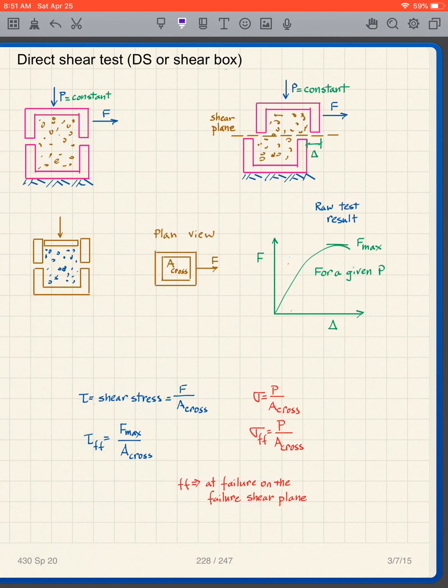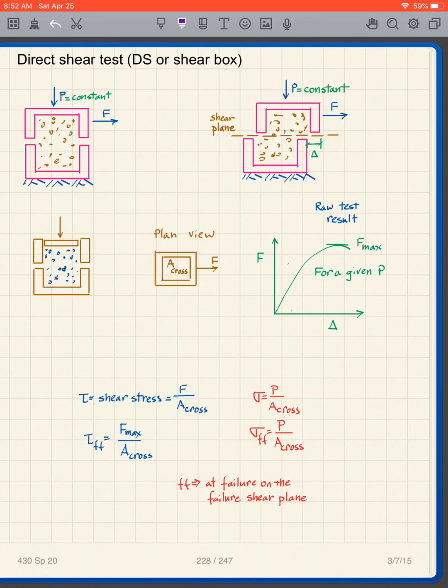Okay, if we look at a test in the lab called a direct shear test, DS, or shear box test, we have one of these devices in our lab. It looks like this. This is the box here. It has a split, and what we do is we apply a vertical load and we keep it constant, and then we increase F until we get failure.